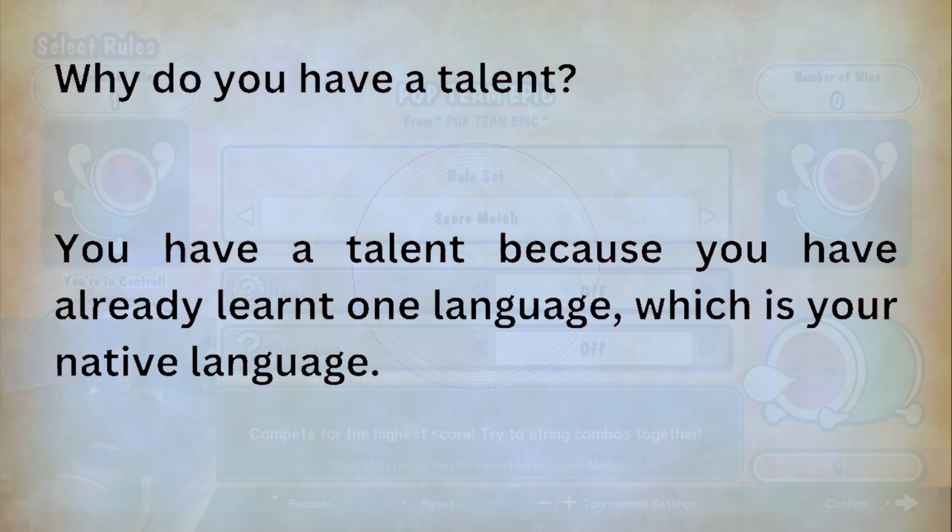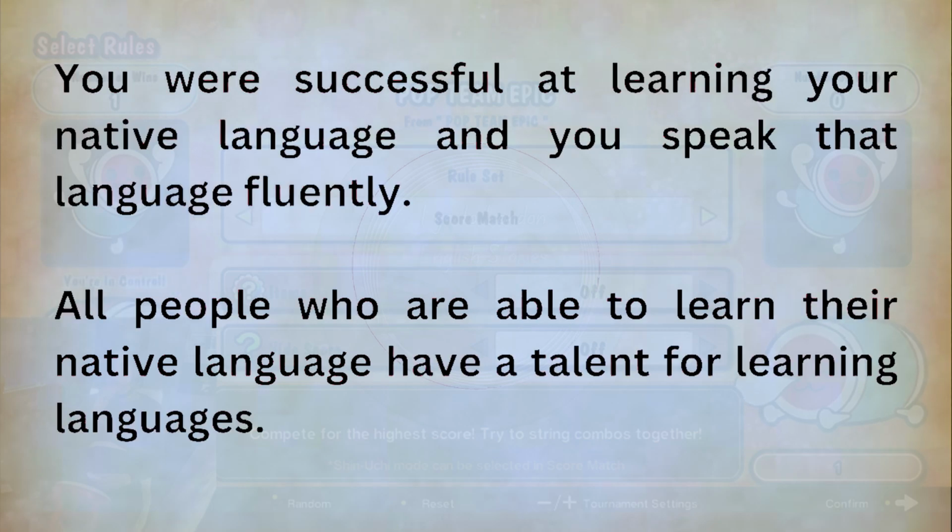Why do you have a talent? You have a talent because you have already learnt one language, which is your native language. You were successful at learning your native language and you speak that language fluently. All people who are able to learn their native language have a talent for learning languages.